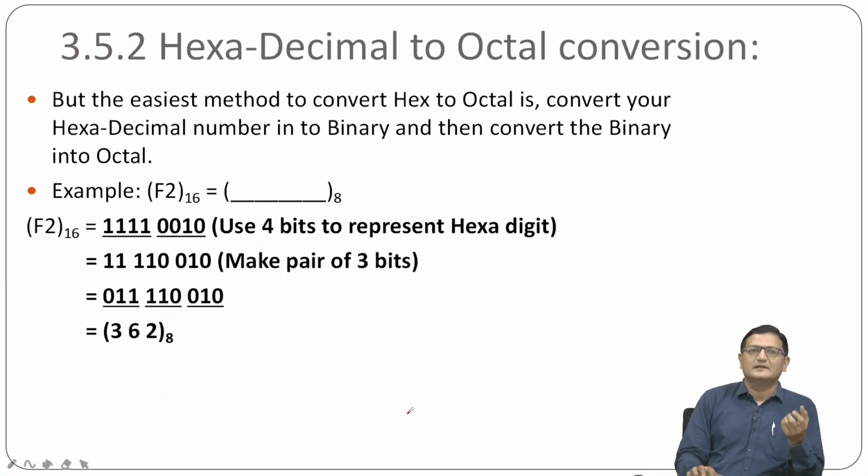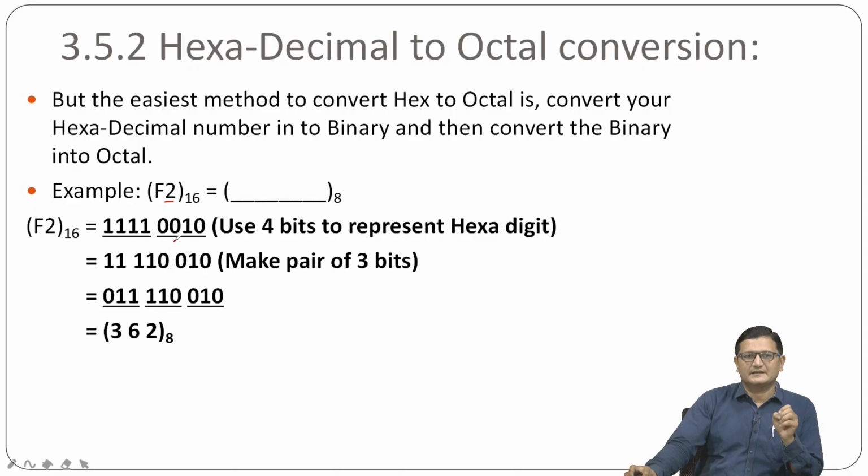Yes, obviously. We have already discussed that whenever you have a hexadecimal number, you can represent it using a group of 4 bits. Here we have 2. How can you represent this 2 in binary?